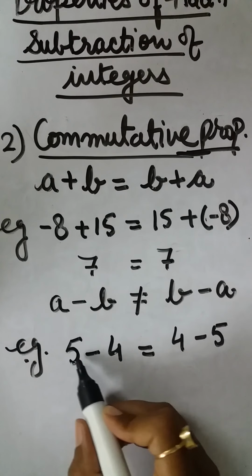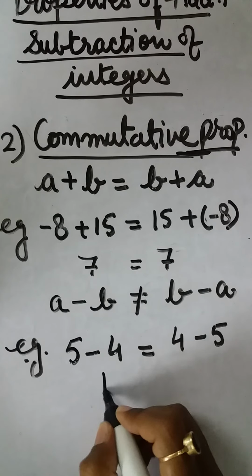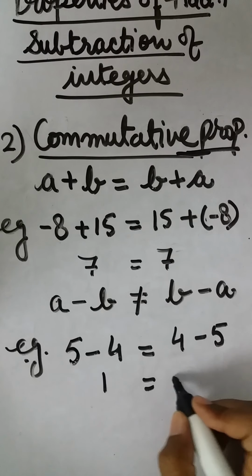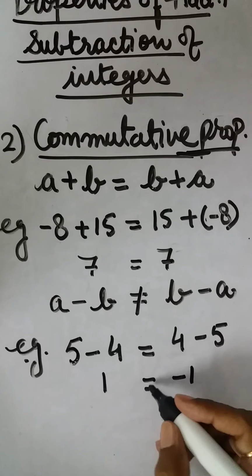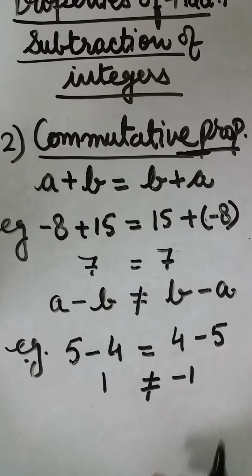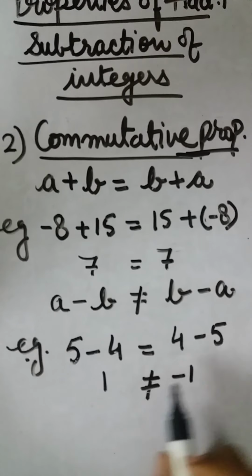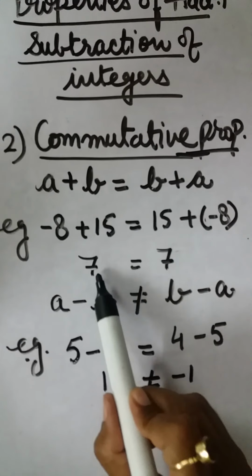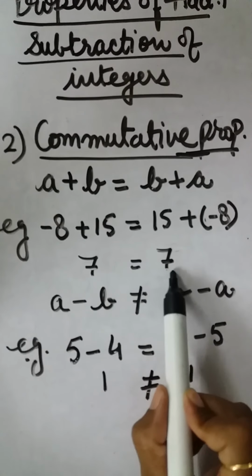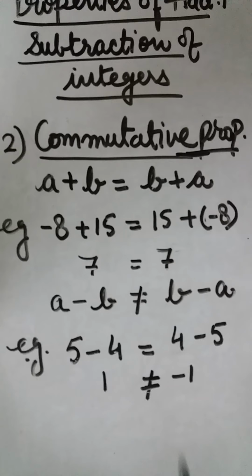But when we subtract this we get plus 1, when we subtract this we get minus 1. The result is not the same, the difference is not the same. So we can say commutative property doesn't hold good for subtraction. Commutative property holds good for addition only, not for subtraction.